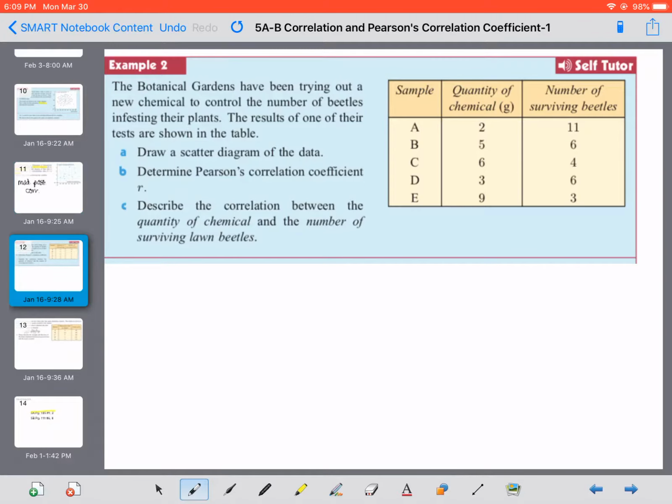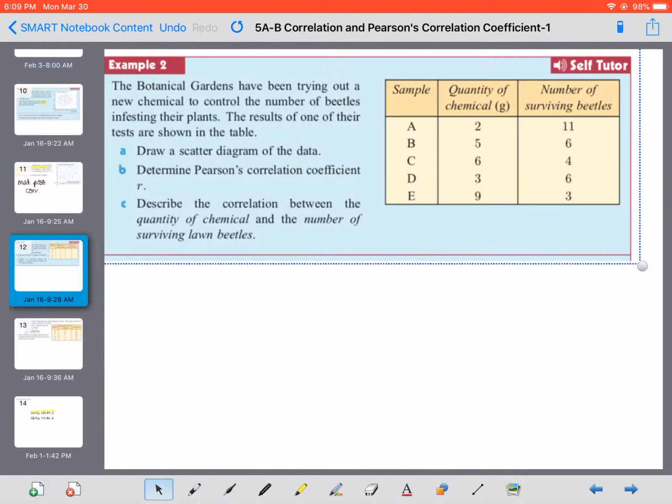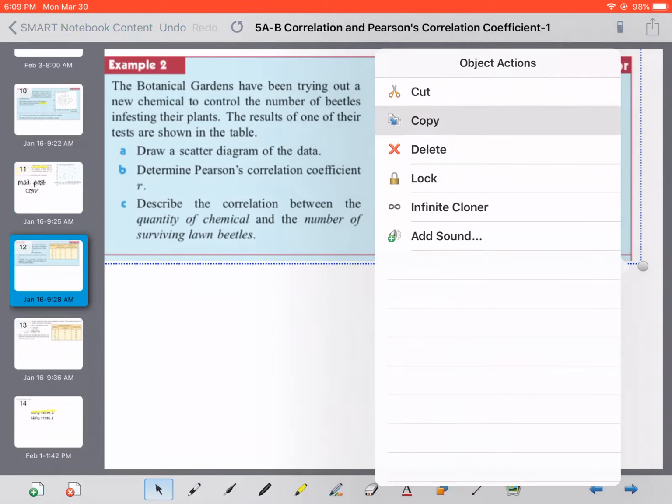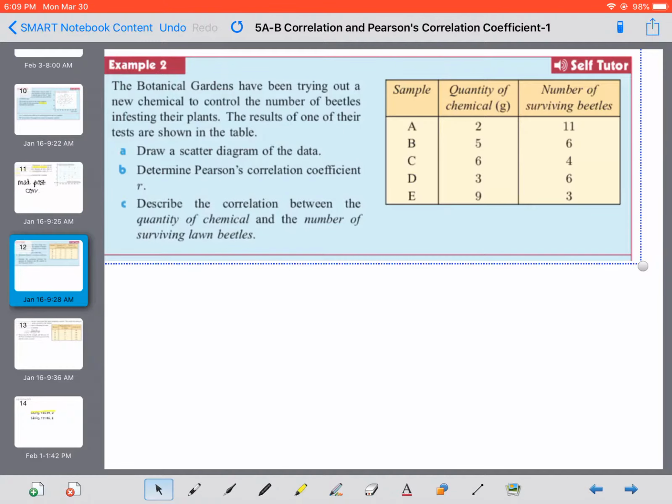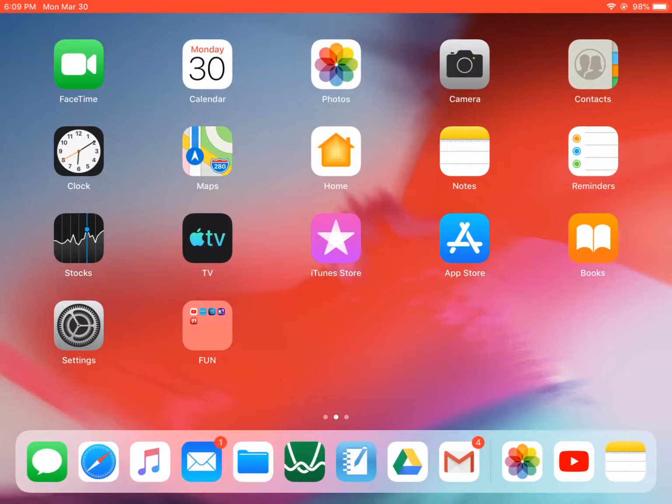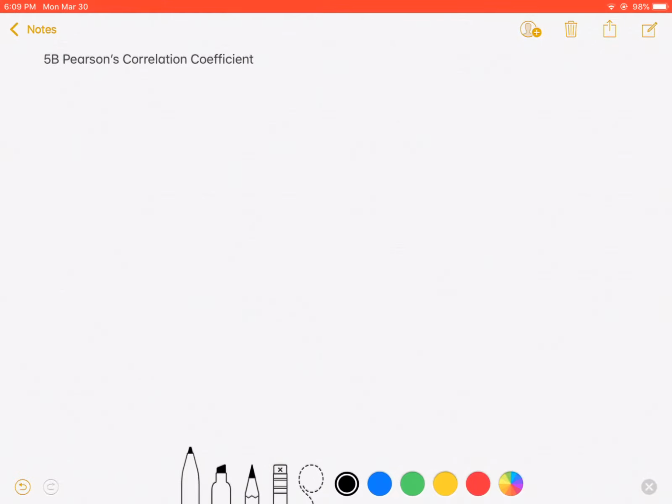Okay, so let's actually now do an entire problem, and draw the scatter diagram and find the correlation coefficient. I'm going to see if I can copy this and paste it in.